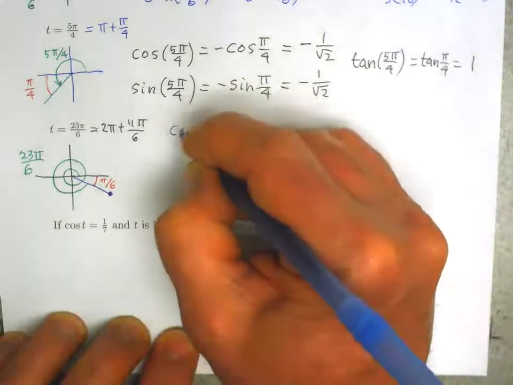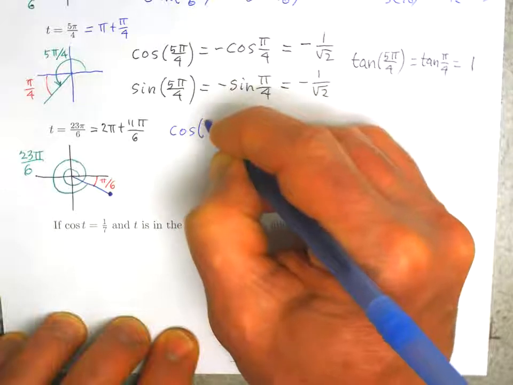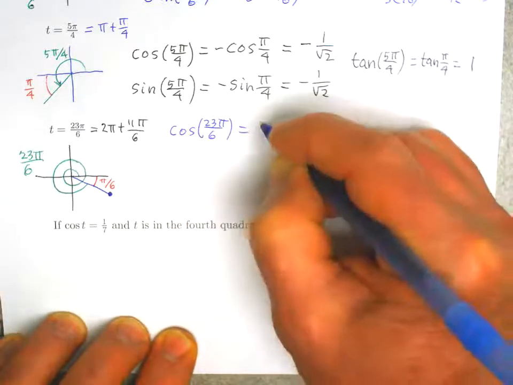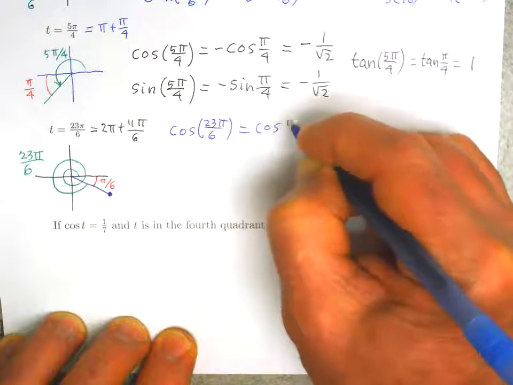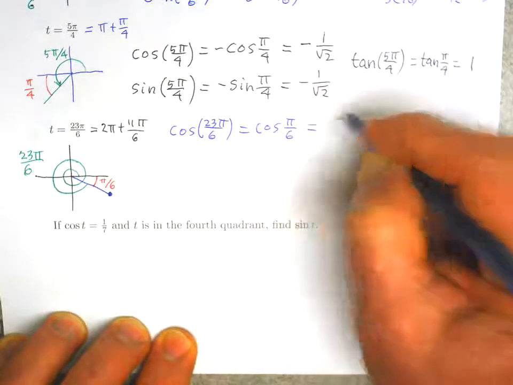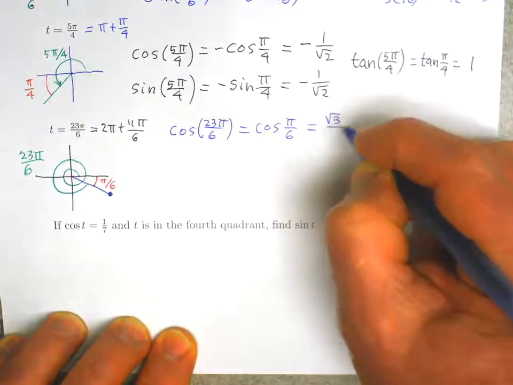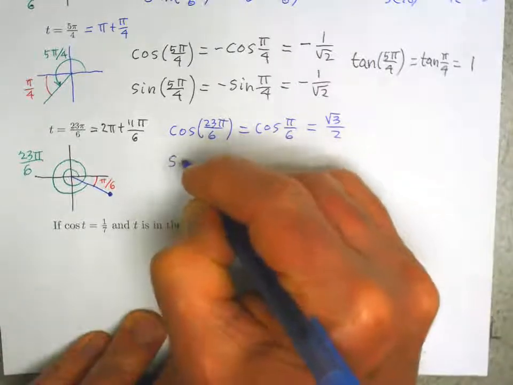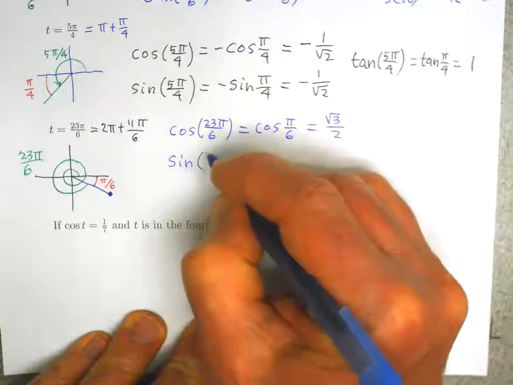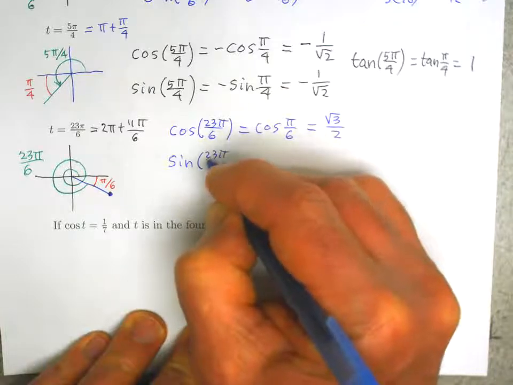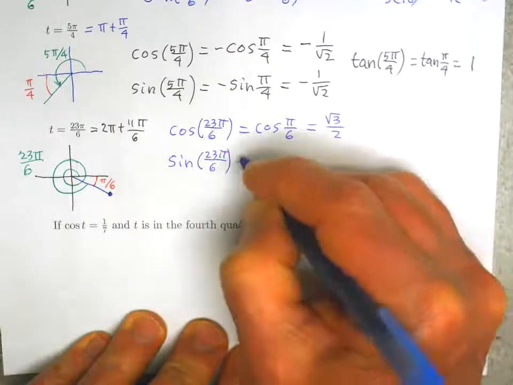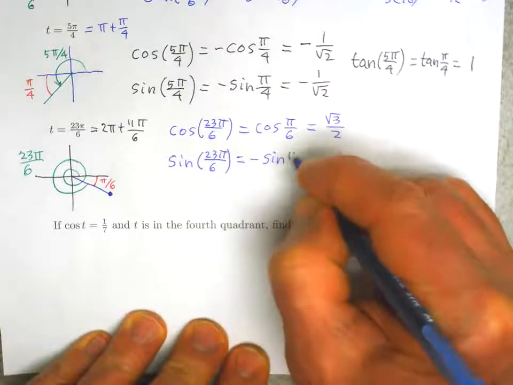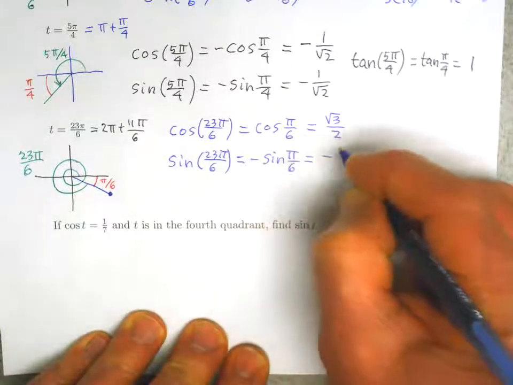Okay, so cosine of 23 pi over 6 will be equal to the cosine of pi over 6, which is positive square root of 3 over 2. But the sine will be negative. The sine of 23 pi over 6 will be equal to the negative of the sine of the reference angle pi over 6, which is negative 1/2.